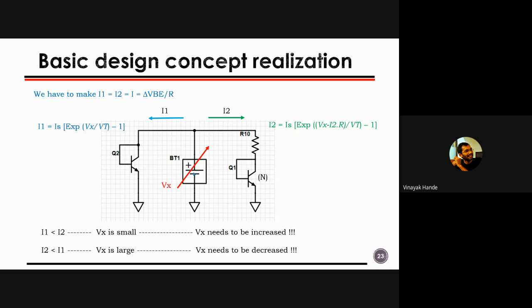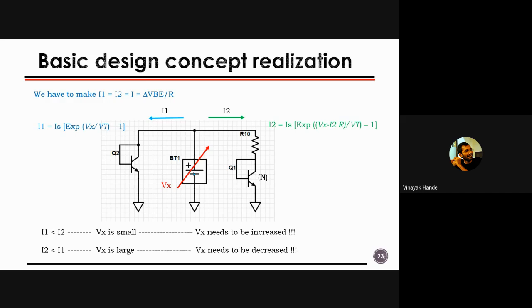Then another approach we have seen, with this simplest thing, is when I1 is equal to I2, then those currents will be PTAT current, right? We have just written the sentence in the passive voice, we can say.